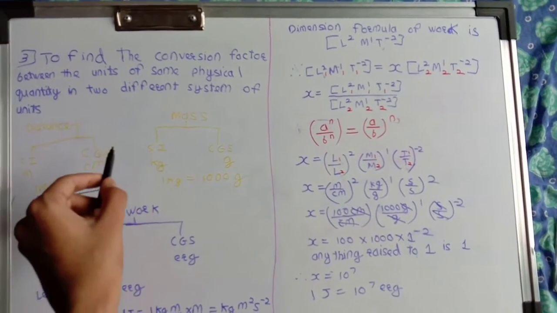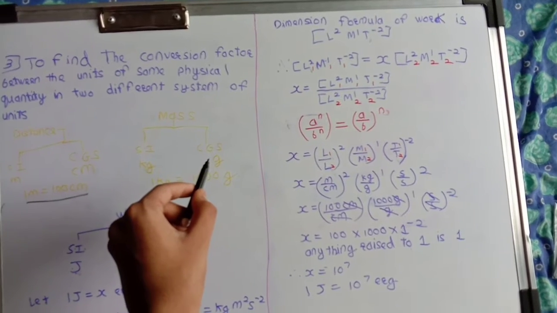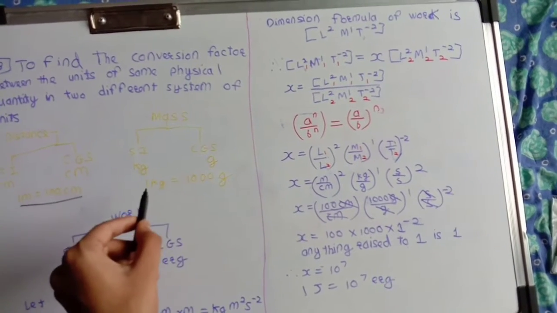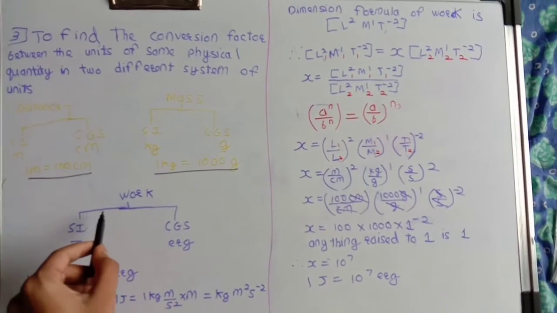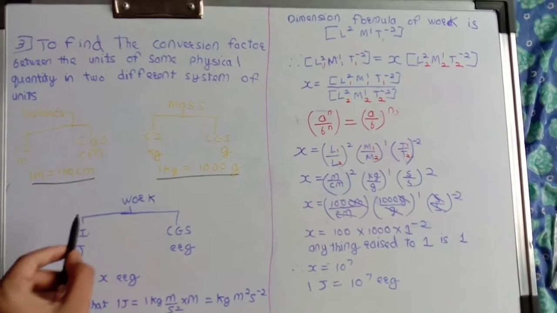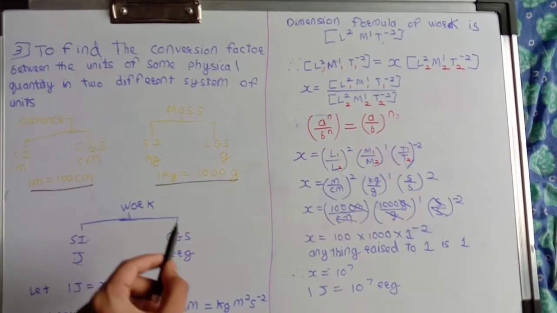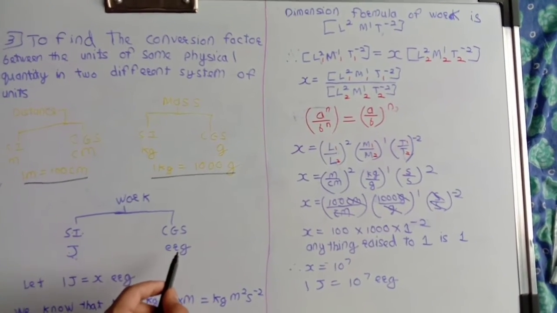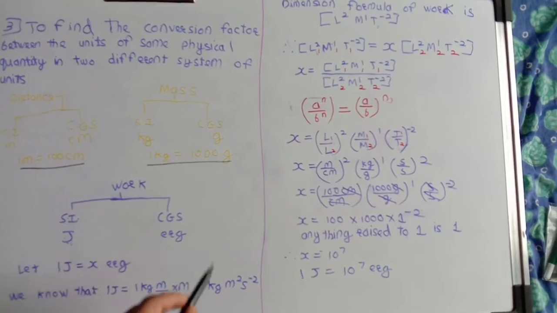Then mass: the SI unit of mass is kilogram and the CGS unit of mass is gram. We also know that 1 kilogram is equal to 1000 gram. But do we know that work has SI unit joule and CGS unit erg? Do we know how many erg 1 joule is equal to?